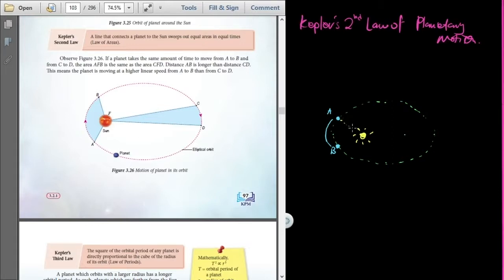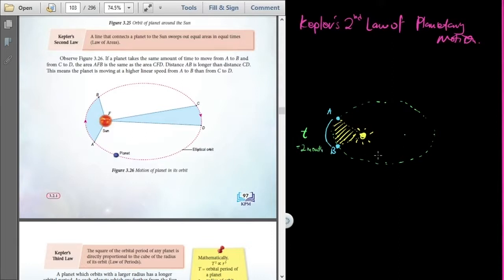So this is the radius or the distance, and this is the area swept by the object when it moves from A to B. So this area should be equal to any other area if the time for this planet to move from A to B is, let's say, 2 months.